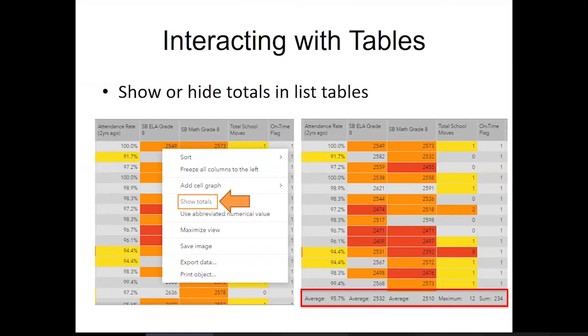You can also toggle whether your list table shows aggregations at the bottom. Right-click on the table, select Show Totals, and the preset aggregations for numeric columns, here, average attendance rate, maximum school moves, sum of on-time flag, for example, appear at the bottom. These recalculate every time you change a filter.